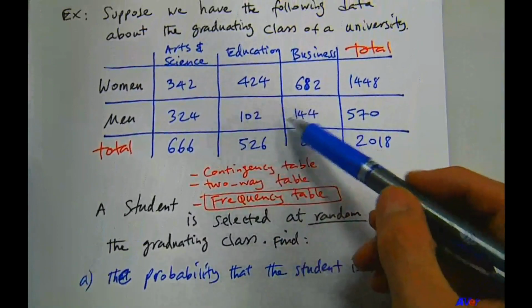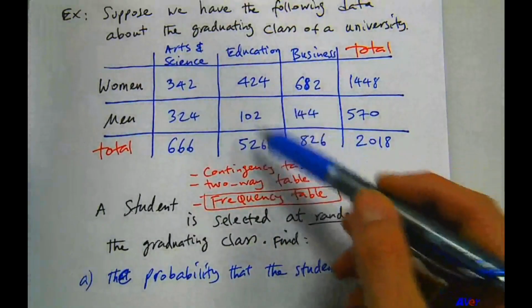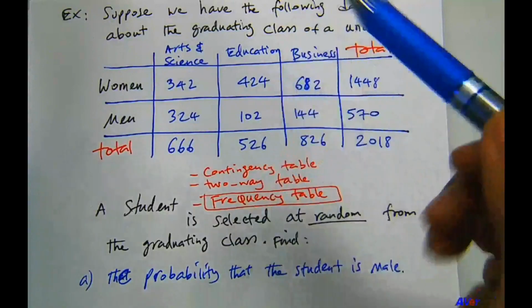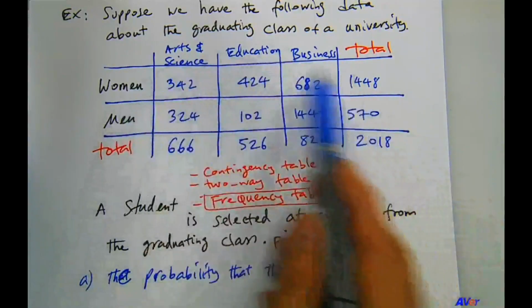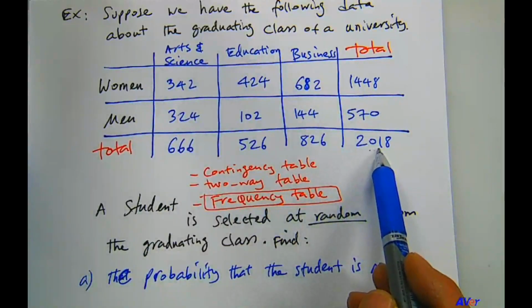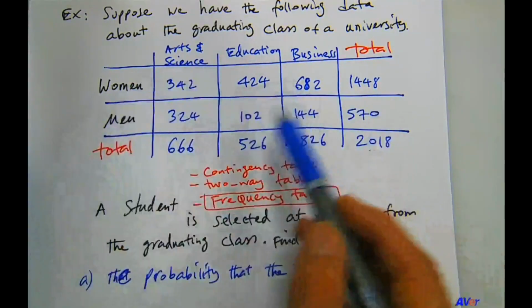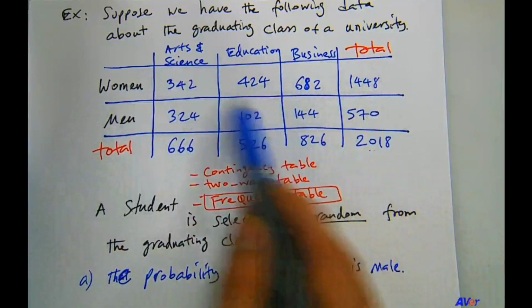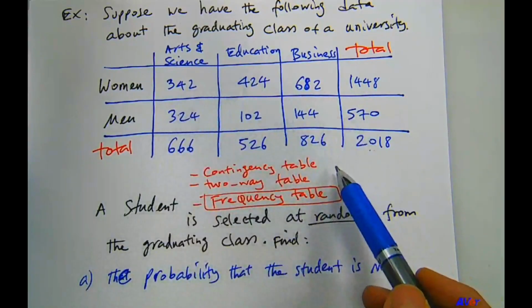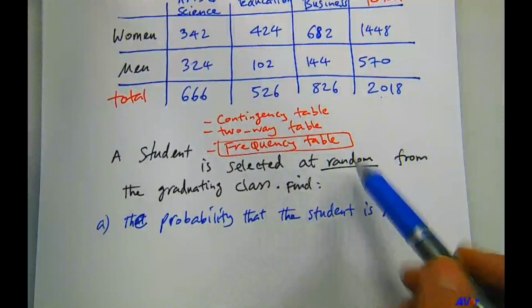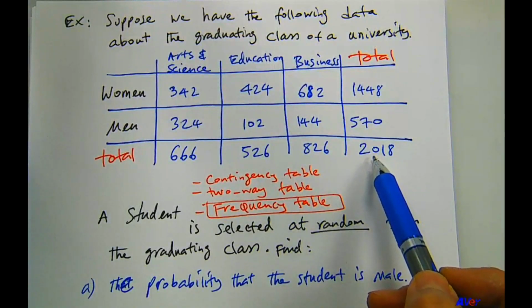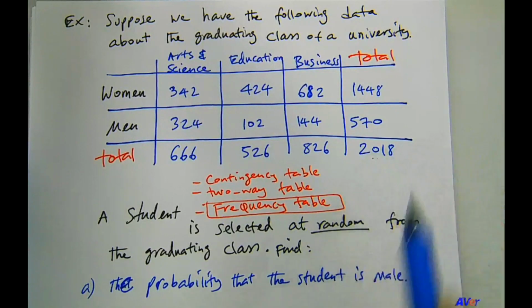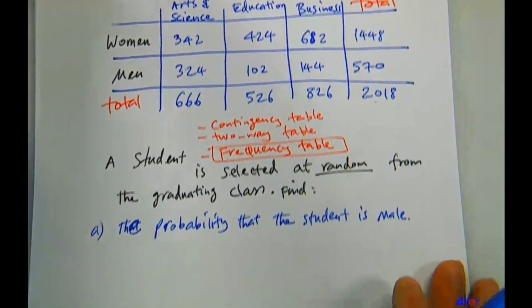This way of organizing data is just on a piece of paper, but in the real world, this whole population of the 2018 students, these are all mixed. They are not compartmentalized like you see on a piece of paper. So when we make a random selection, we go to these 2018 people and just select one person at random. That's how the selections are made.